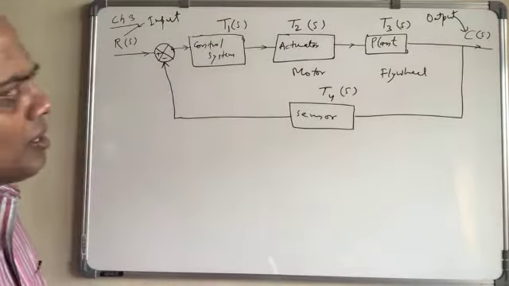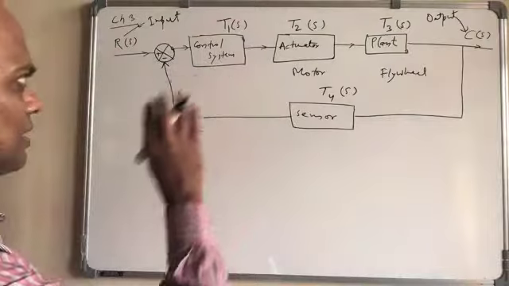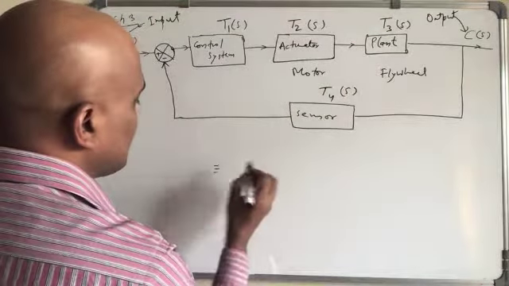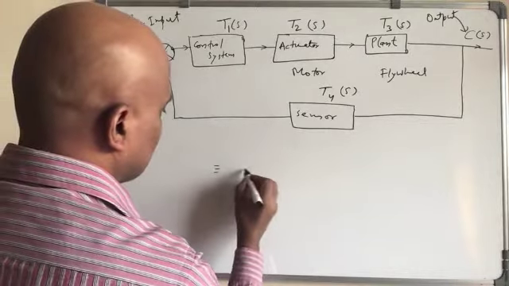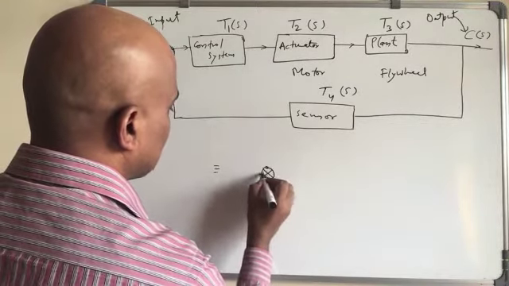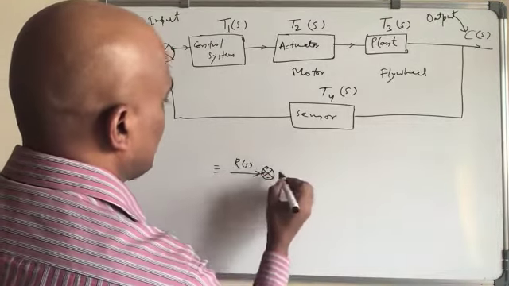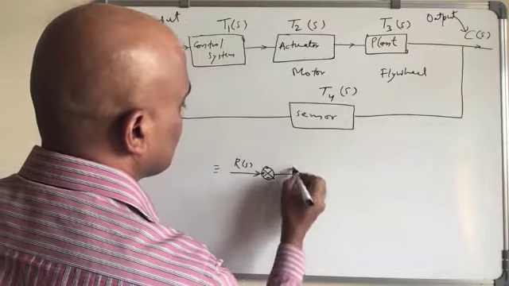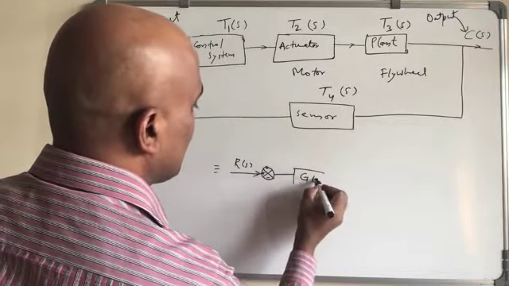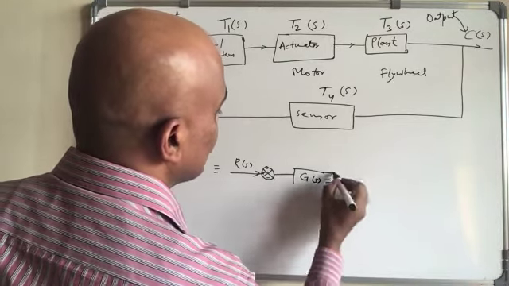So what is the relation? Yesterday also we did it like that. This will be equivalent to: you have R(s) here, and then here we have G(s) equal to T1 times T2 times T3.